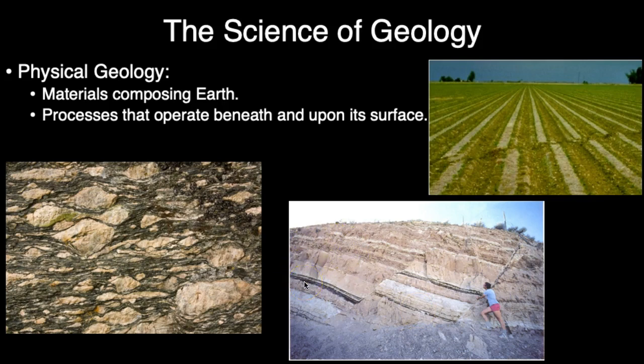So both of these faults, the strike-slip fault up here and the normal fault here, occur as an effect of plate tectonics activity, most likely. There are other potential effects that cause faulting, and we will go over them throughout the course.